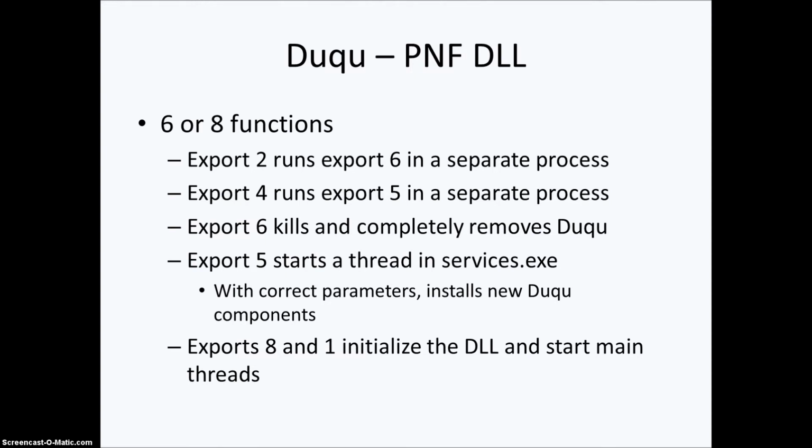If it can't find that PNF file, it'll actually load a hard copy of the config file from a copy stored within itself. So crazy, right? Some versions of the PNF DLL will also actually start kind of a Stuxnet-esque remote procedure call or RPC server as well.